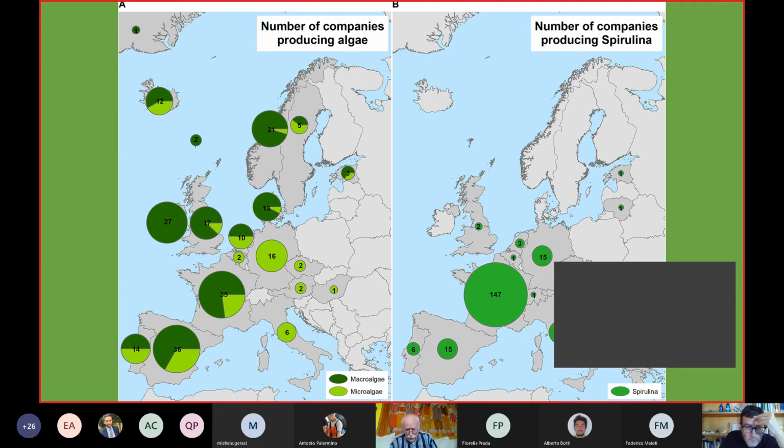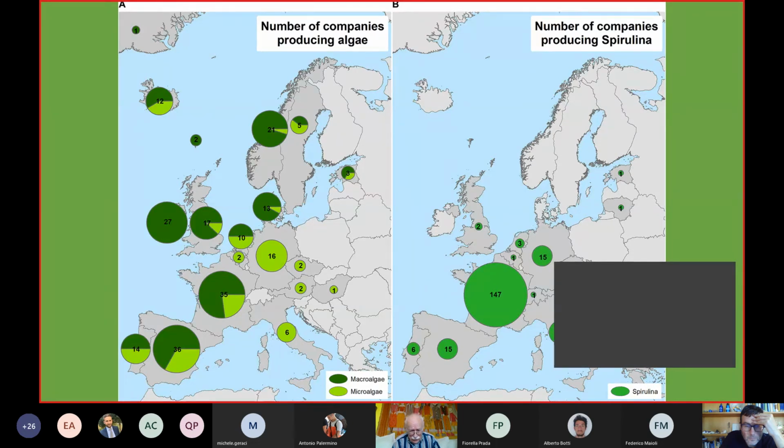Here you can see the European stage for the culture of macroalgae and of microalgae. You can see that Italy is not very active, and spirulina, that is strictly speaking not an alga, but it has a massive market in food additives, is already cultured a lot in the south of France.